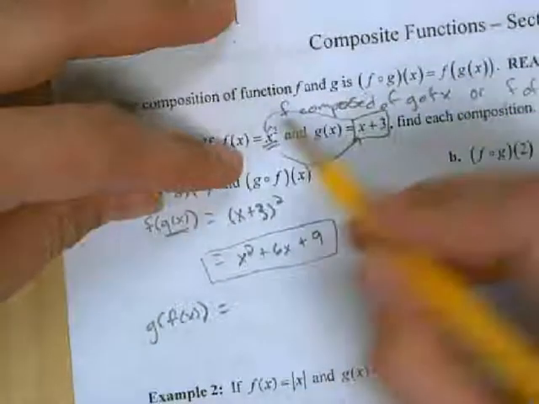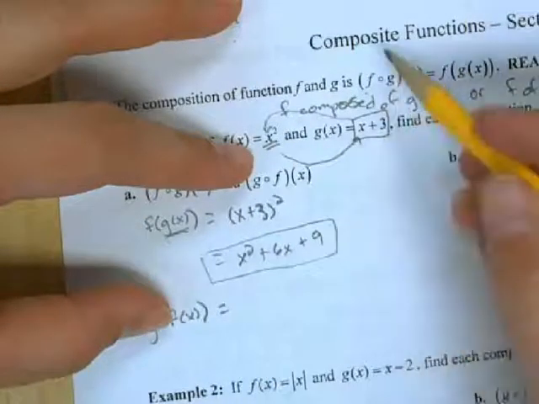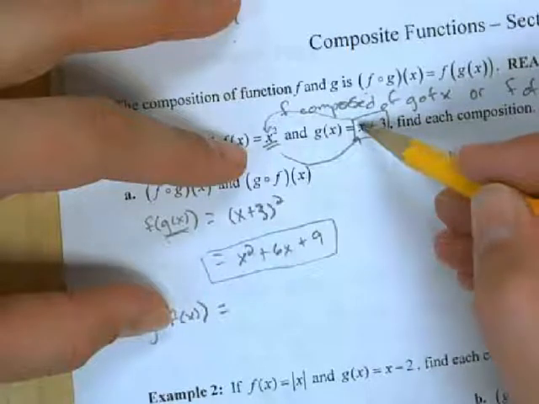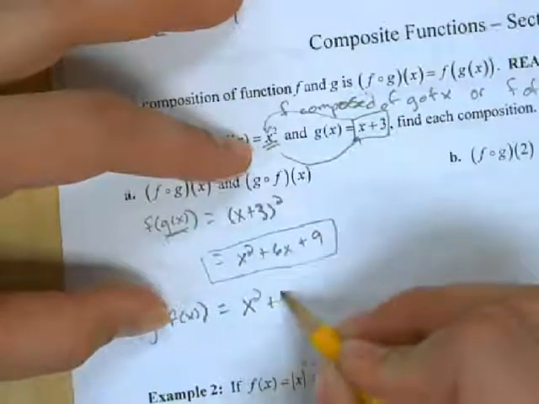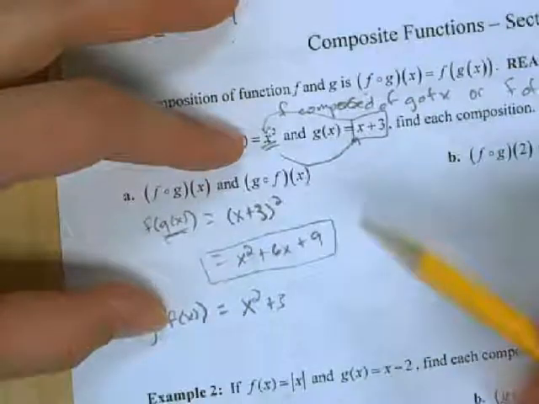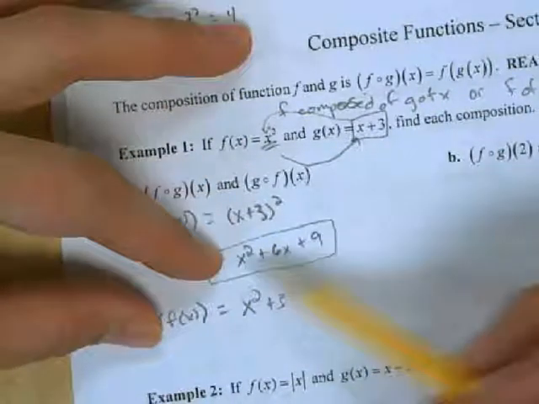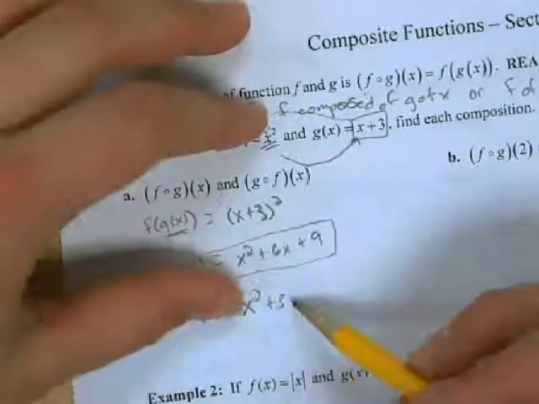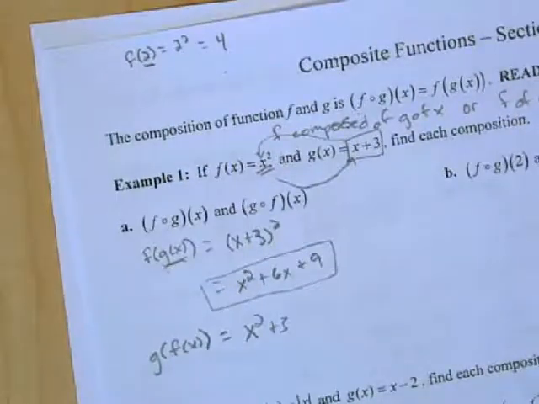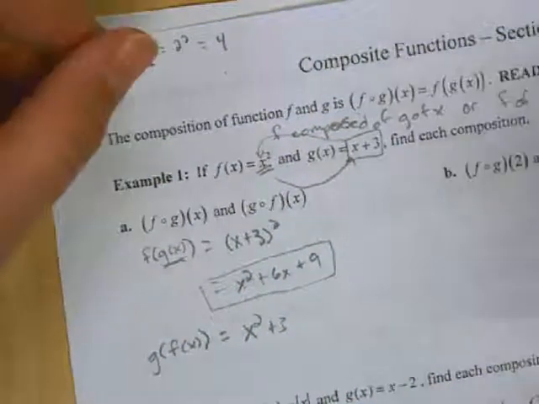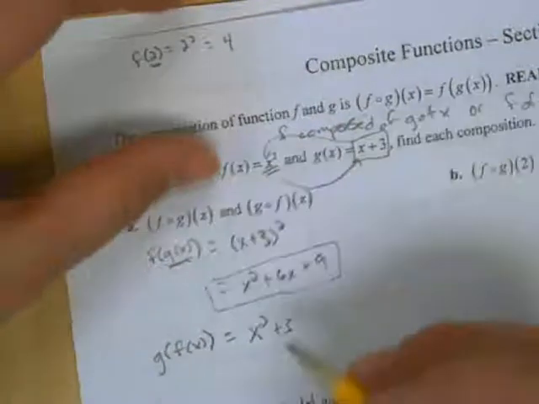So, instead of doing X plus 3, we're going to take this X out and put X squared in its place. So now I've got X squared plus 3. See the difference? X plus 3 squared, which foils out to this, or X squared plus 3, which doesn't foil at all. It just stays the same. So G of F of X and F of G of X are both different answers.